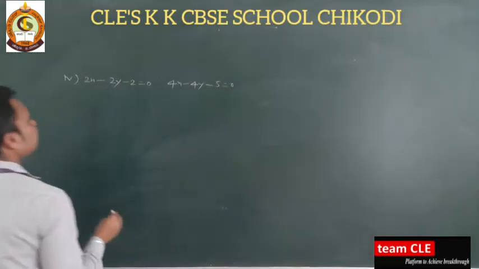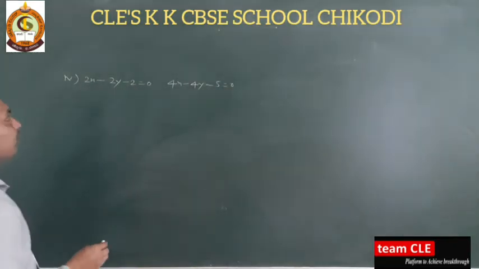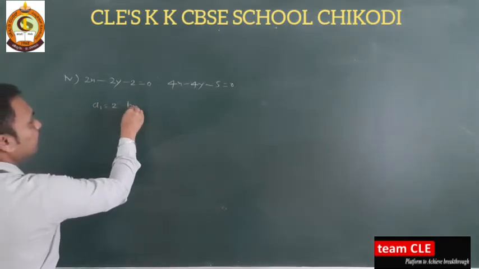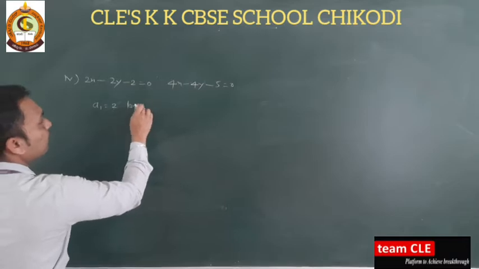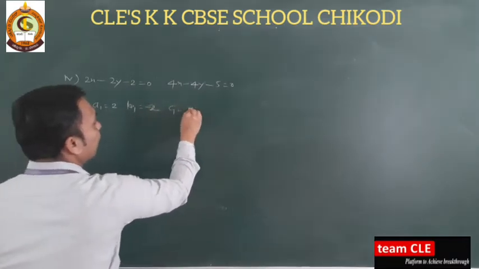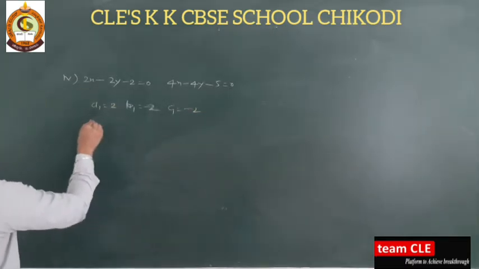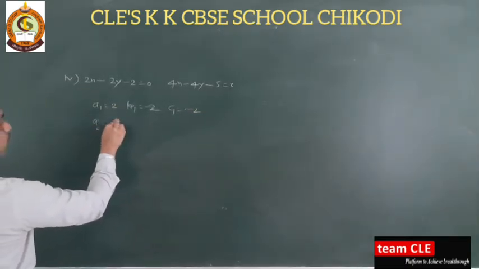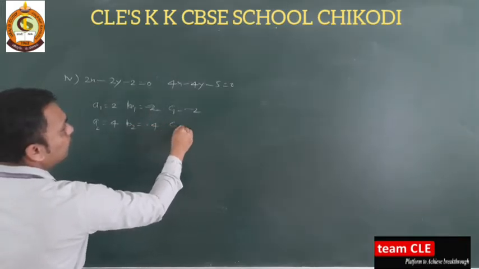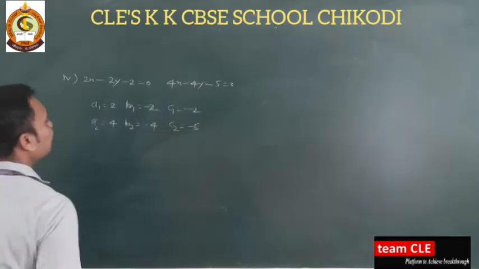Now see, this is the question they have given. So again similarly, a1 is equal to 2, b1 is equal to minus 2, and c1 is equal to minus 2. Next, a2 is equal to 4, b2 is equal to minus 4, c2 is equal to minus 5.